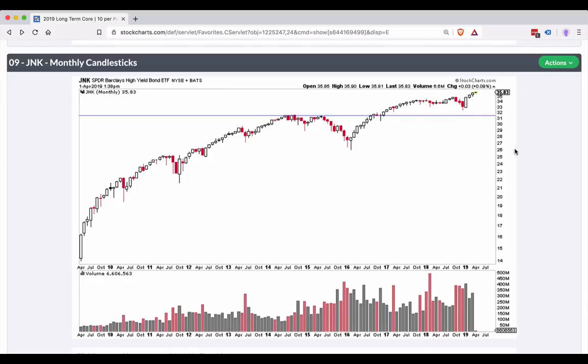And you can see here the JNK is leading to new highs. It's above its 2018 levels. There's good liquidity, things are moving, credit seems strong and flush. So we do have that optimistic tone with JNK leading to the upside as well.